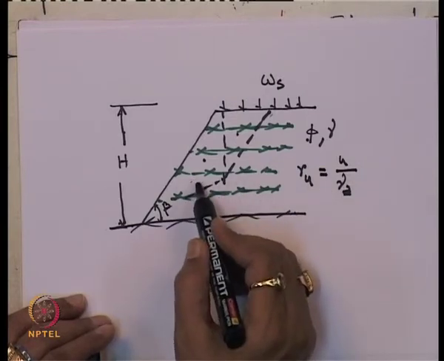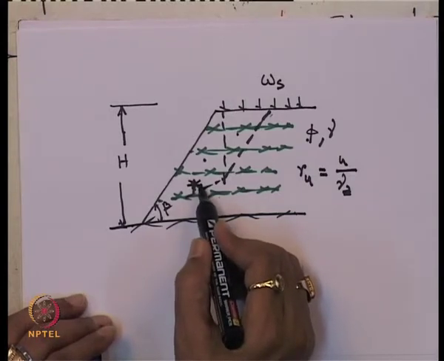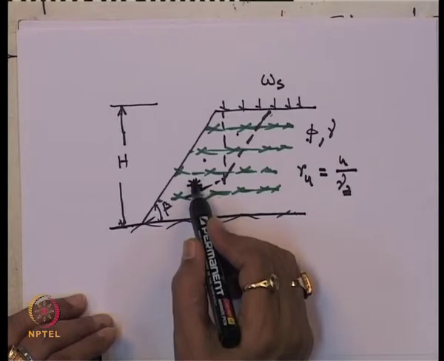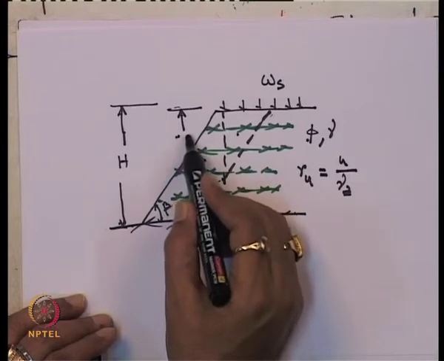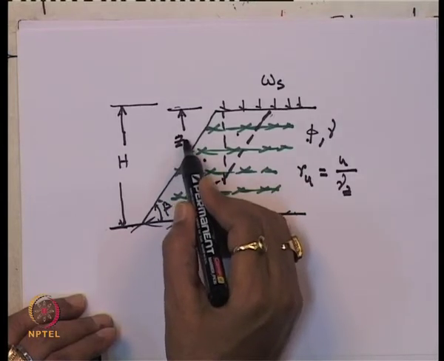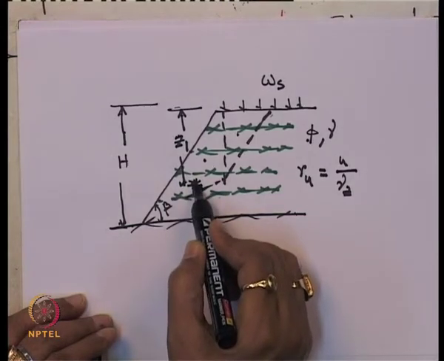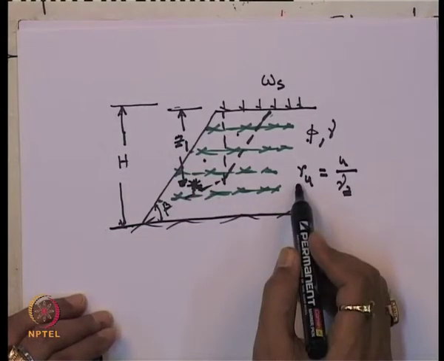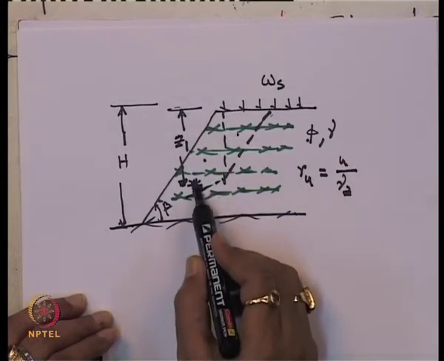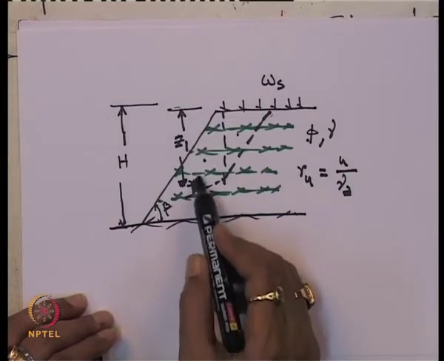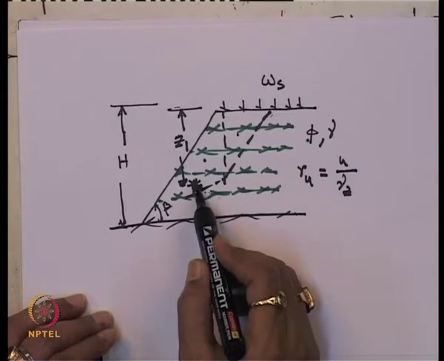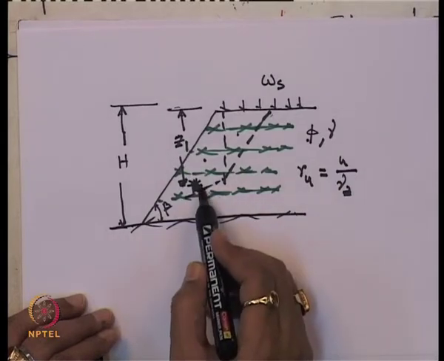For example, if you want to determine the pore water pressure at a depth of, let us say, z1 at this point, you can calculate r_u. So, r_u is equal to u1 divided by gamma z1.